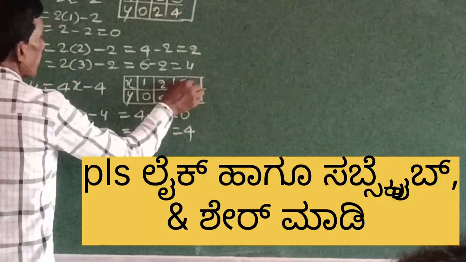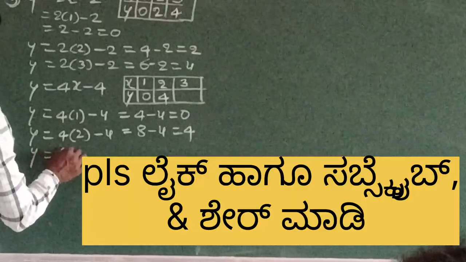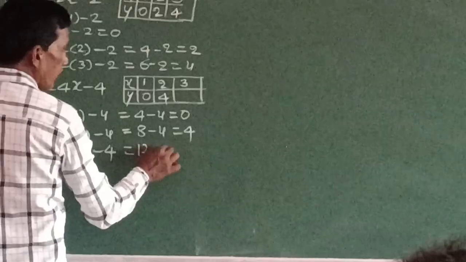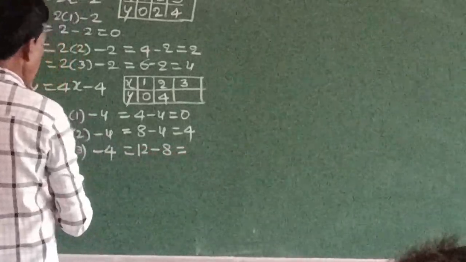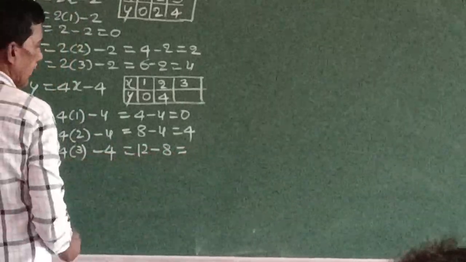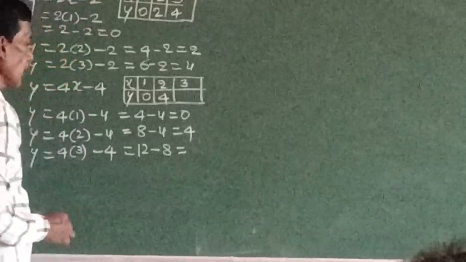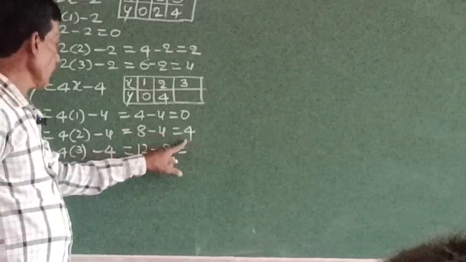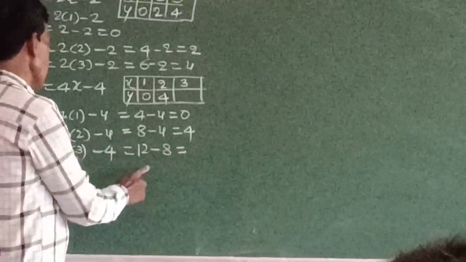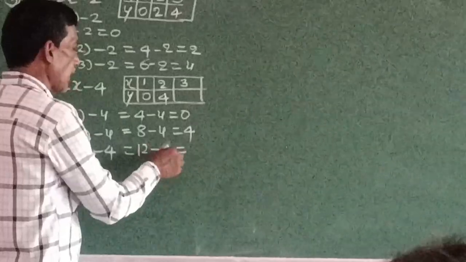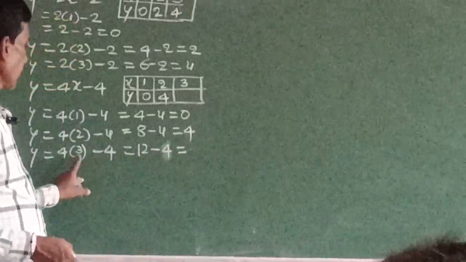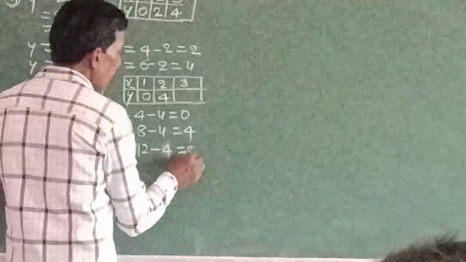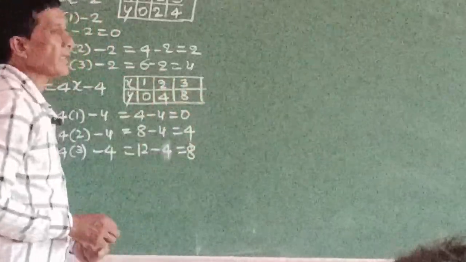Next, when x is 3, 4 times 3 is 12, minus 4, the answer is 8. So the values are 0, 4, 8. And next, you draw.